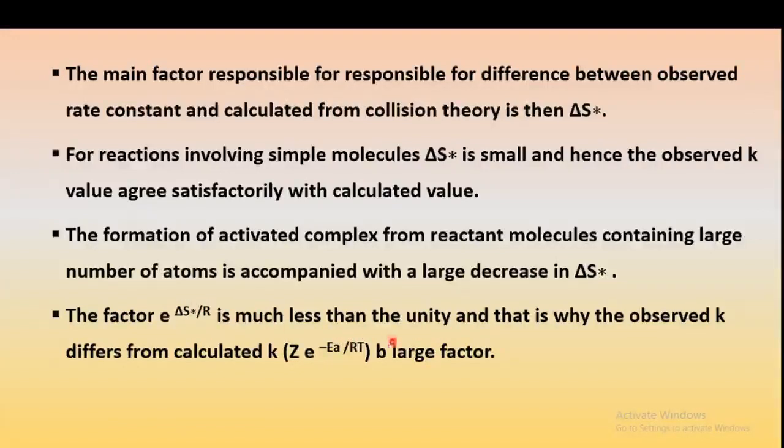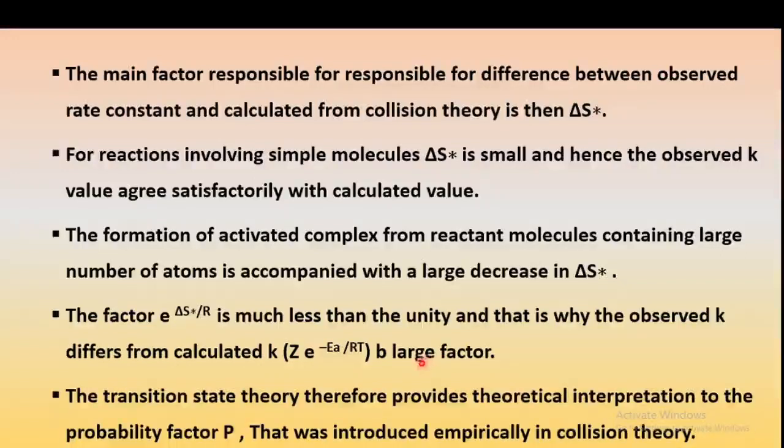This factor is much less than unity, and that's why the observed k value differs from the calculated k value, which is Z e^(-Ea/RT), by a very large factor. The transition state theory, the theory of absolute reaction rates, provides the theoretical interpretation of the probability factor P that was introduced empirically in collision theory.